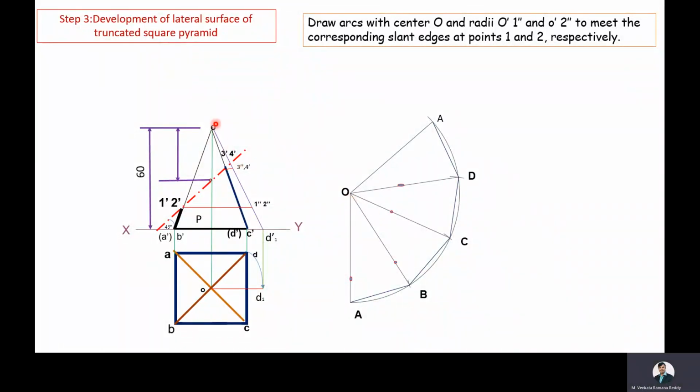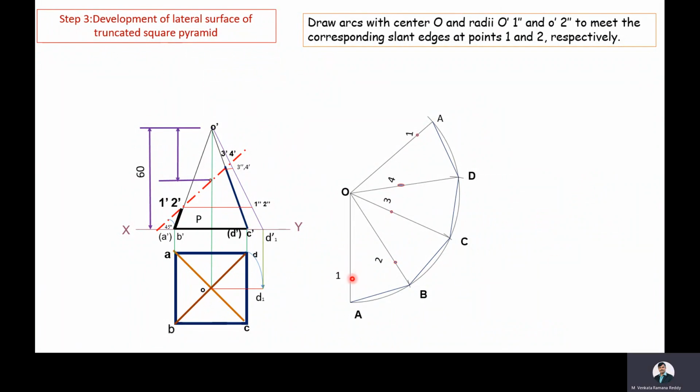Then O dash 1 double dash as a radius, O as a center, draw an arc on OA slant edge and name this point as 1. After that, name these points, say 1, 2, 3, 4 and 1.